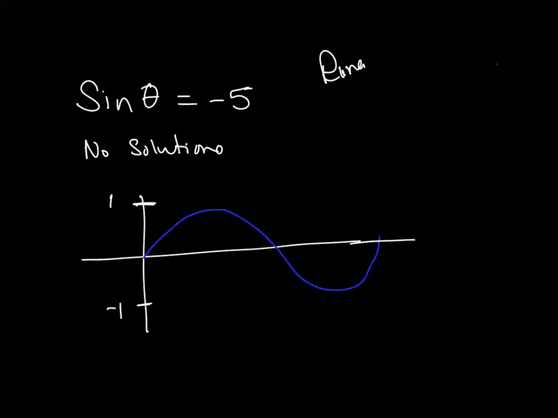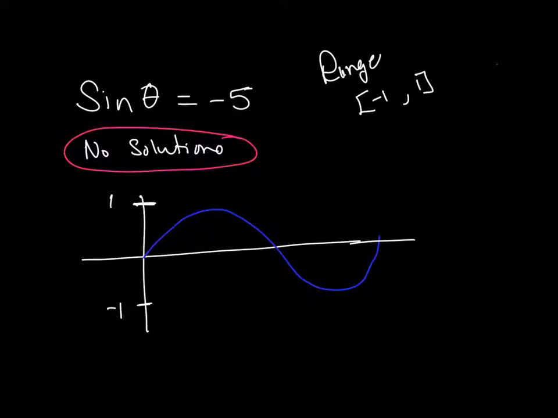So the whole range of the sine only goes from 1 to -1. Both of those pieces are included. So what this means is that the sine of theta equal to -5 is not possible. It's outside of possible solutions for the sine, so there's no solution for this.